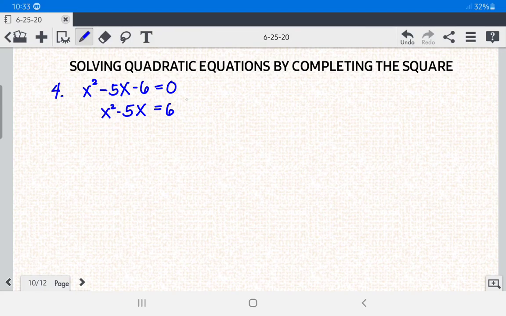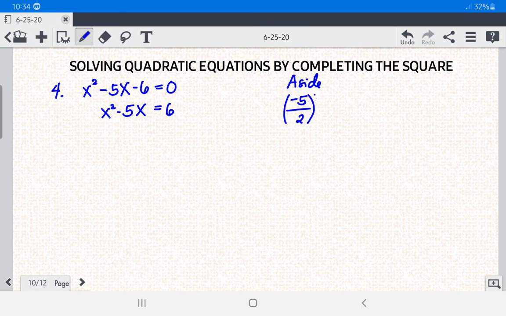Then next, we're going to identify the term to be added to both sides to make a perfect square trinomial. Here, the numerical coefficient of the linear term is negative 5. You're going to divide it by 2 or multiply it by 1/2, so we have a fraction.